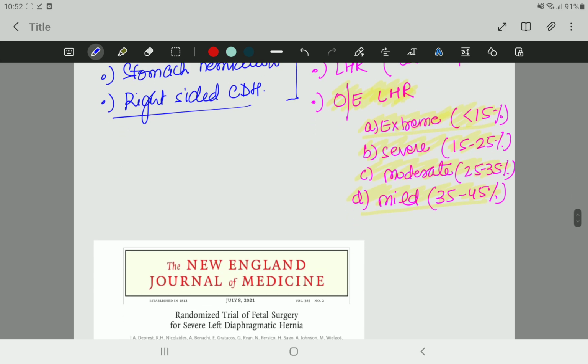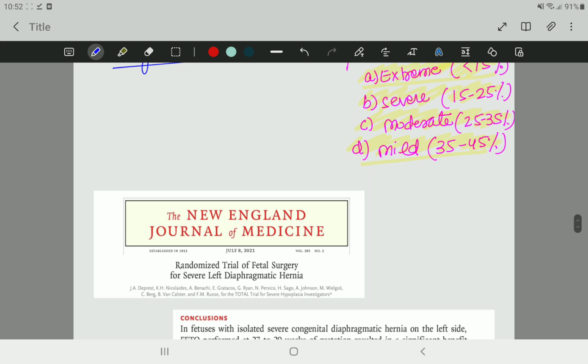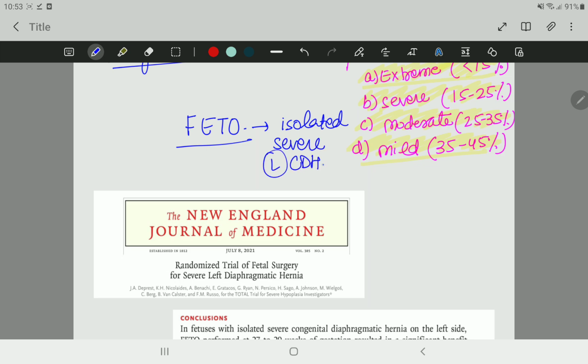Then people have tried in utero management of these anomalies, especially fetal tracheal occlusion, also known as FETO, to improve survival in isolated severe left sided CDH, which we have already discussed.